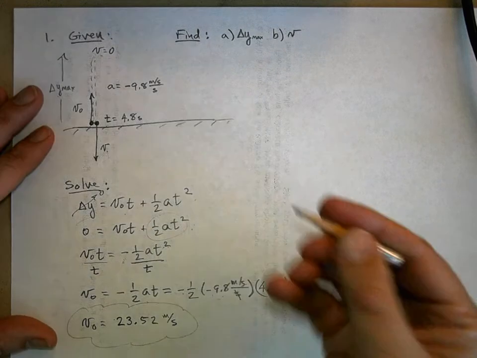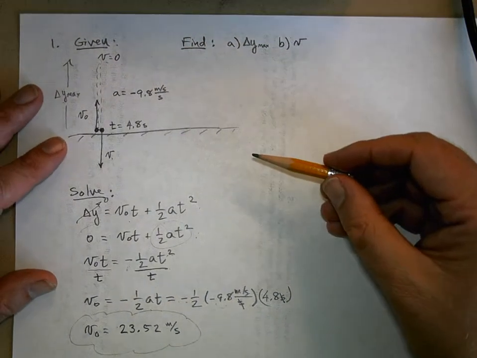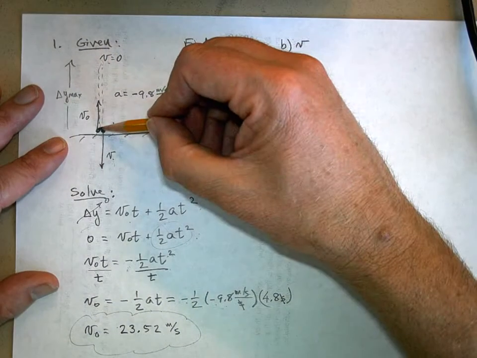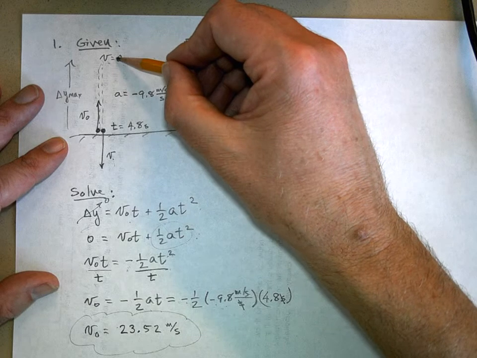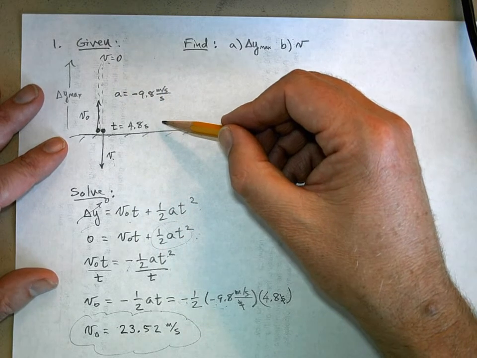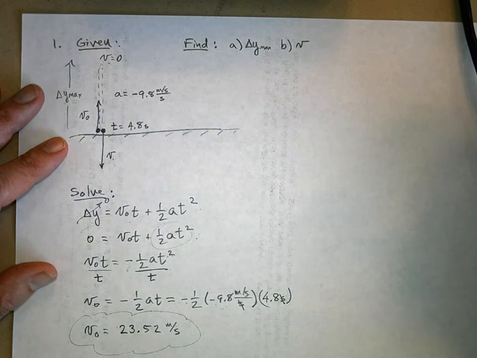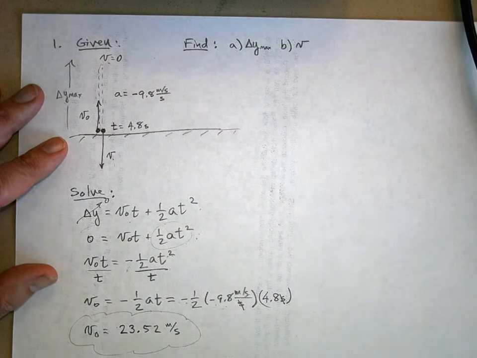So we can now solve for delta y, because what do I know? I know the initial velocity. I know the final velocity. Now, I do kind of know the time. I know it's 2.4, but I haven't done anything to prove that really. So we can use the equation that doesn't have time in it.